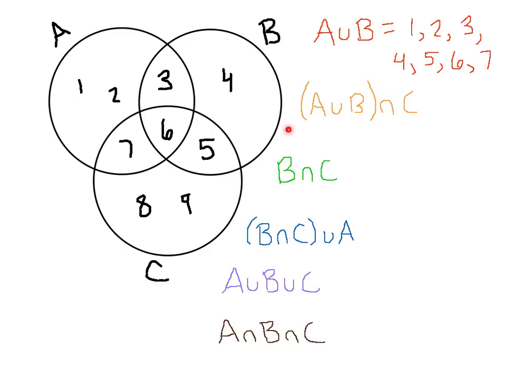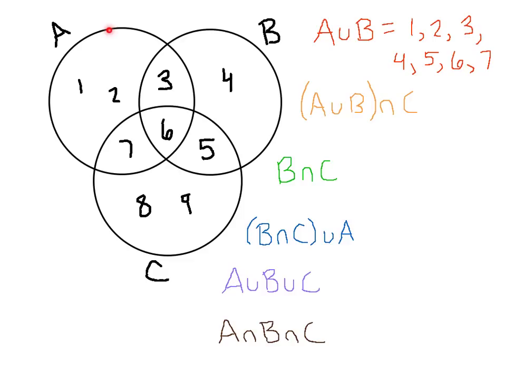Now look at the next one. We're given the same problem, A union B, so we're going to be using these numbers, but I'm looking for the intersection. The symbol that looks like an upside-down U represents intersection. When two things intersect, you're just looking at what they have in common. So I want to see the numbers that A union B has in common with C. So it's going to be the intersection with C. So this is A union B. Like I said, it's everything in all of these.